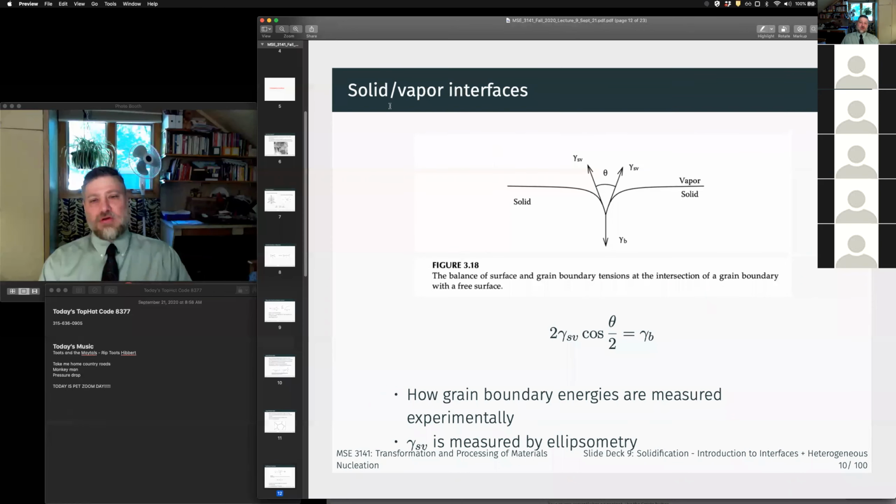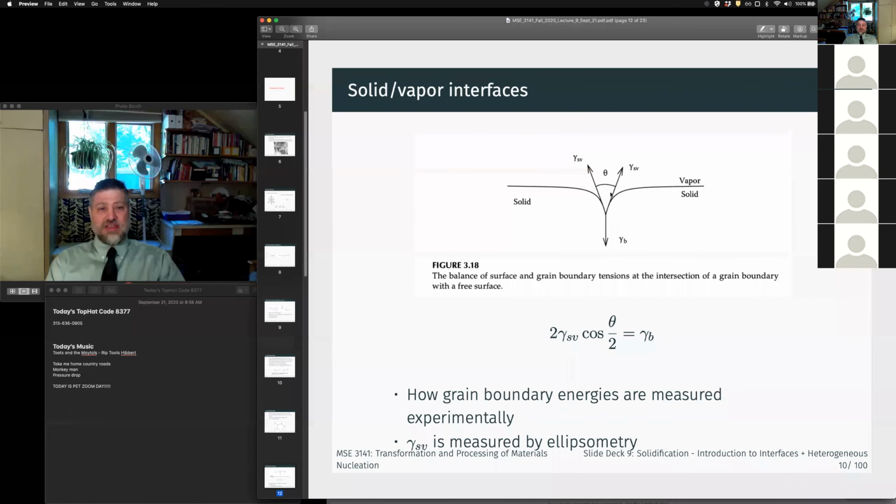Okay, so what about solid phase vapor interfaces and solid liquid interfaces, right? Well, we still have to hold that equilibrium, right?